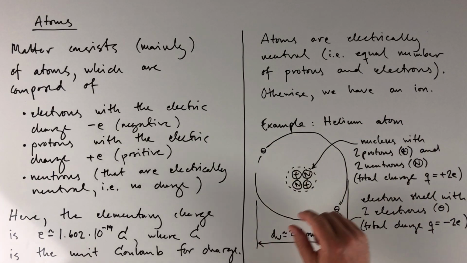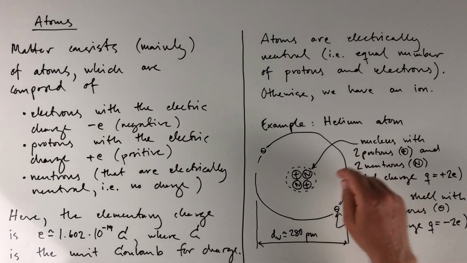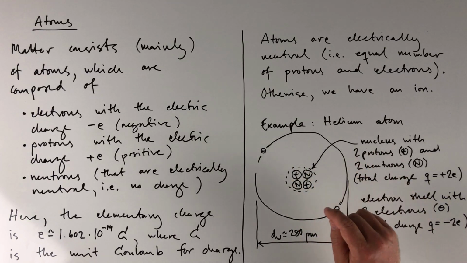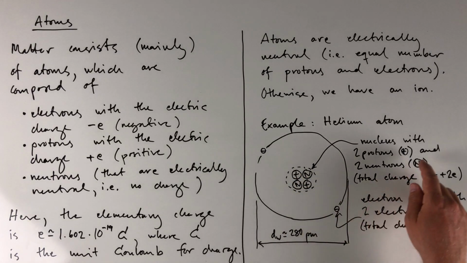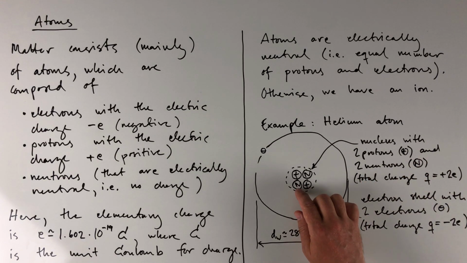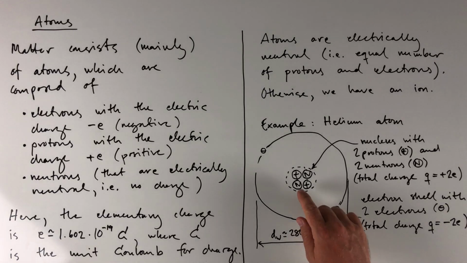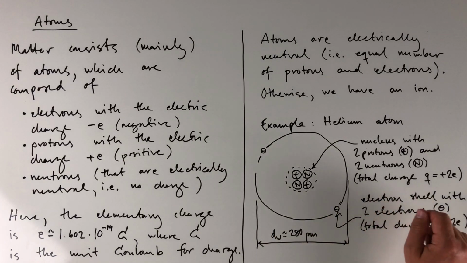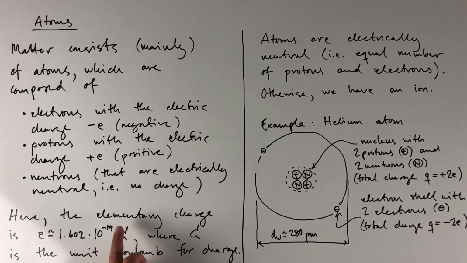So here is an example with the helium atom. The helium atom has a nucleus with 2 protons, shown by the circles here with a plus, and it has 2 neutrons, shown by the circles with the big N. That makes the total charge for the nucleus equal to plus 2 times the elementary charge.